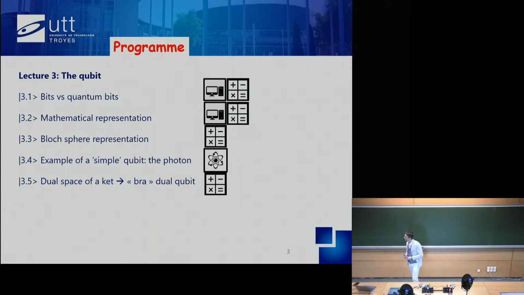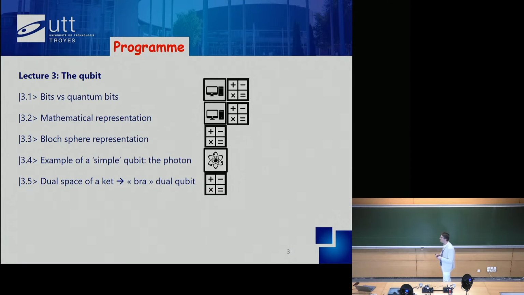So the program for today, there'll be 5 parts. Hopefully, we'll be able to finish them all today. If not, then it's okay. We'll finish next time. So first, I already started that last time, the comparison between bits and quantum bits, of course. Then there will be some mathematical representation of a qubit.